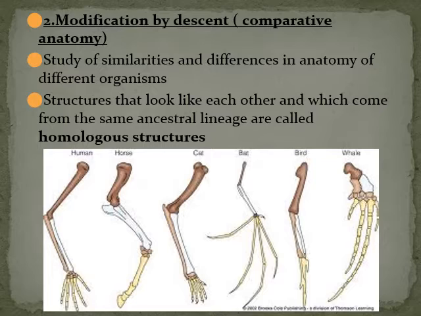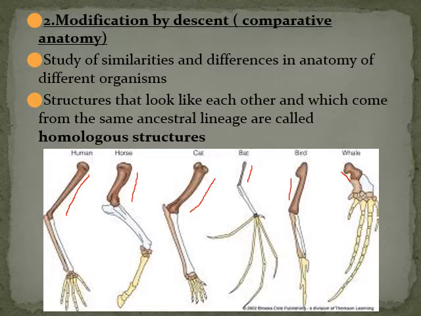For example, a very obvious one that we can see here in humans and in horses and cats is the humerus. You can see this bone in all of them, including the bat, the bird, and the whale. The humerus bone is present in each one of them.